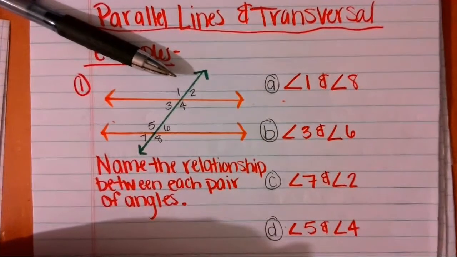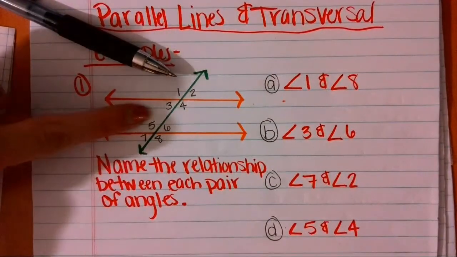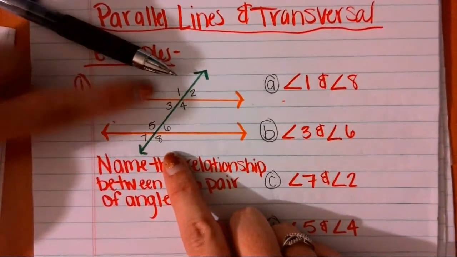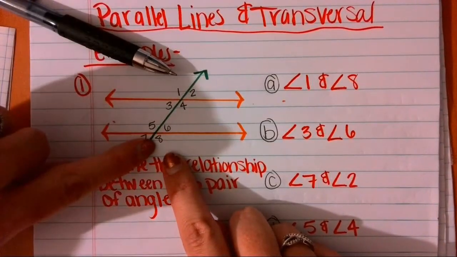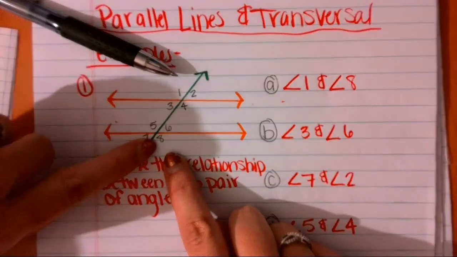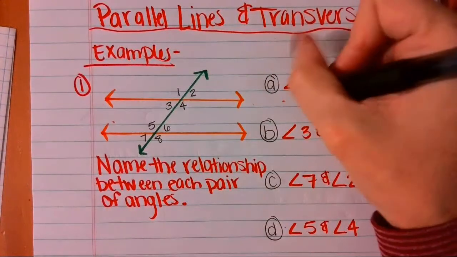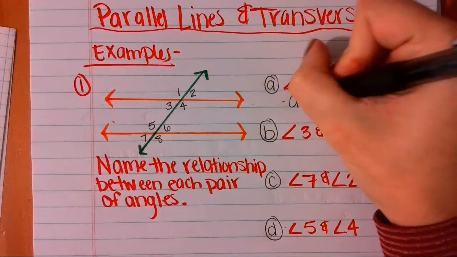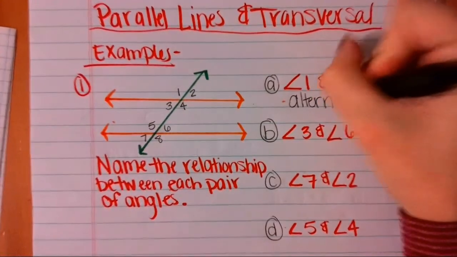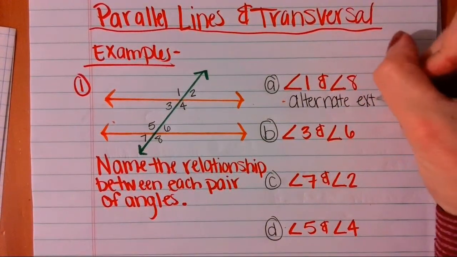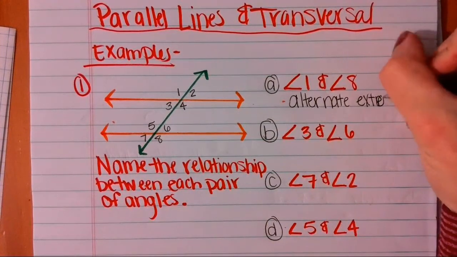If it's interior, then it's going to be in between the parallel lines, and exterior means that it's outside. So I can see that these are outside, so they must be exterior. Because these were on opposite sides, that means that it's alternate, and they're outside, so it's alternate exterior.